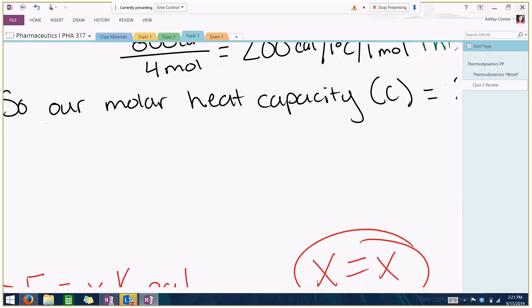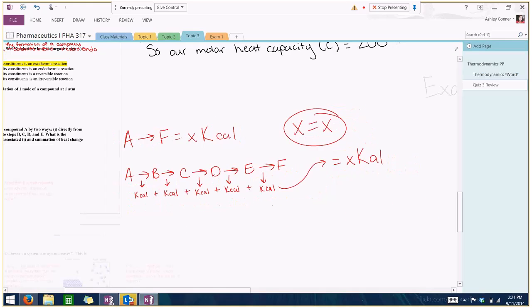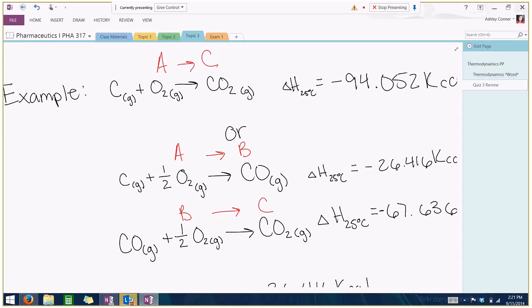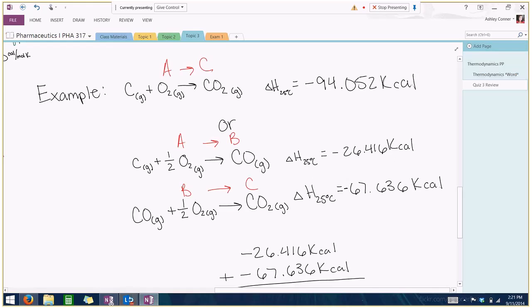I made an example around here somewhere. Oh, here it is, of how he was talking about the heat of formation being the same no matter how you get there. He used carbon dioxide as an example, and I noticed on his PowerPoint that he had this part down here backwards compared to how I learned it, so I flipped it around.